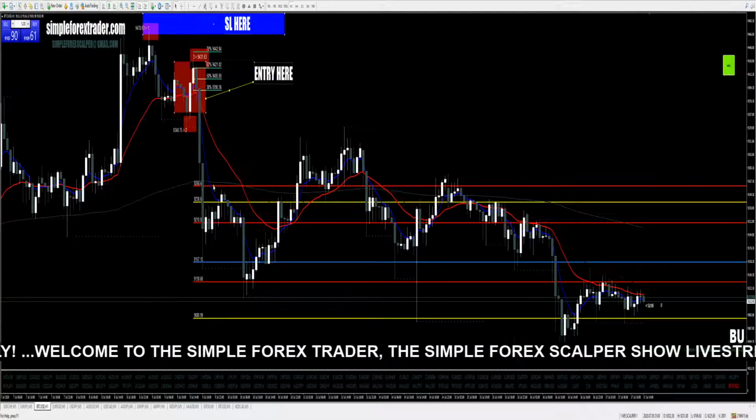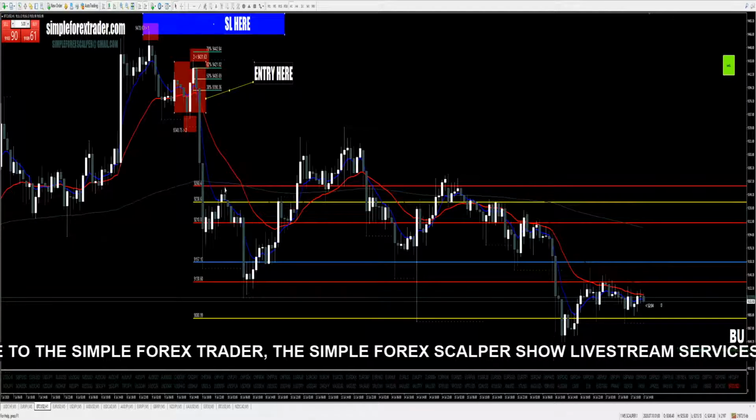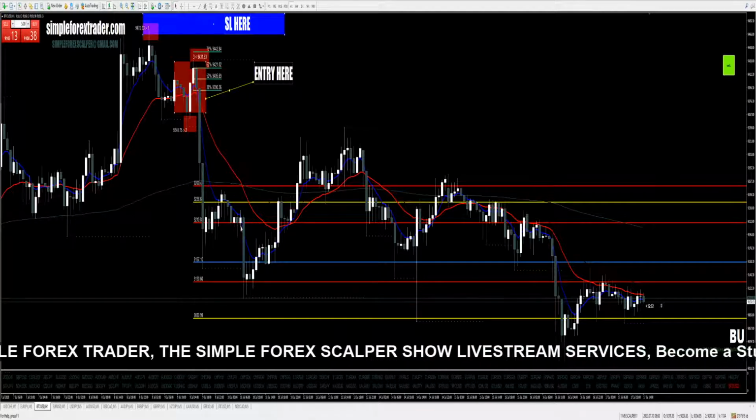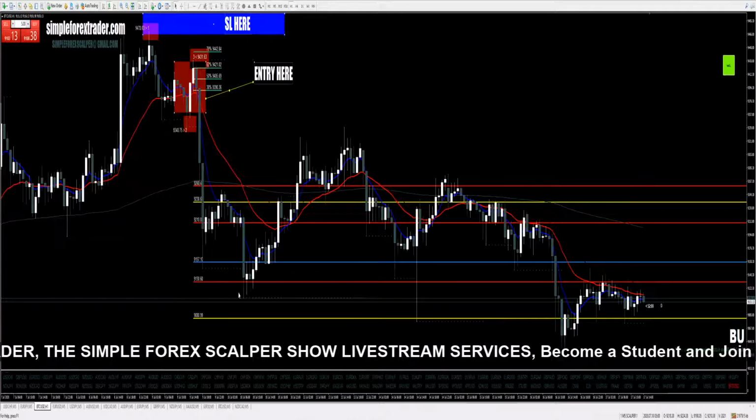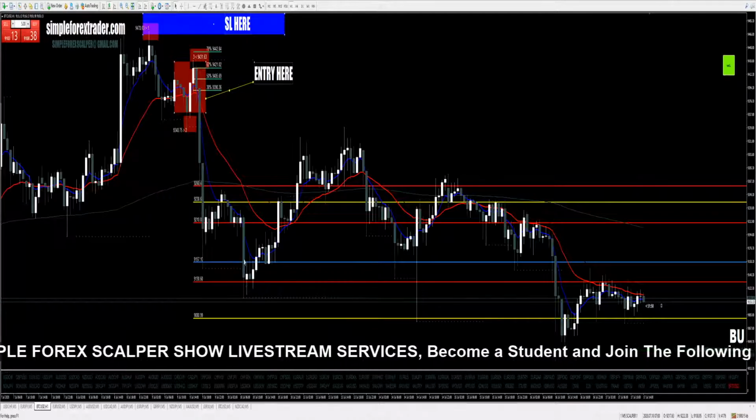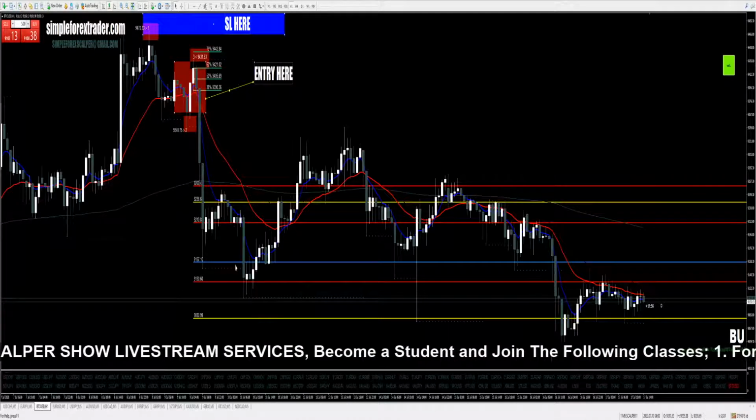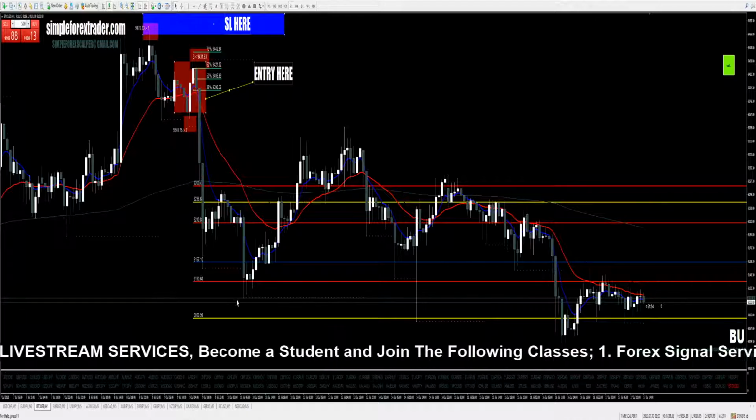It did come down, retrace a bit, consolidate a bit, and then it went massively down, hitting our 4th and 5th target here, and then it retraced back up.